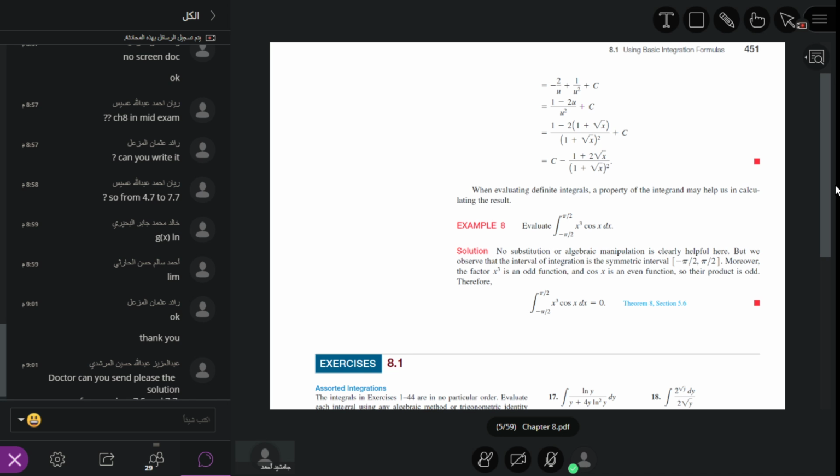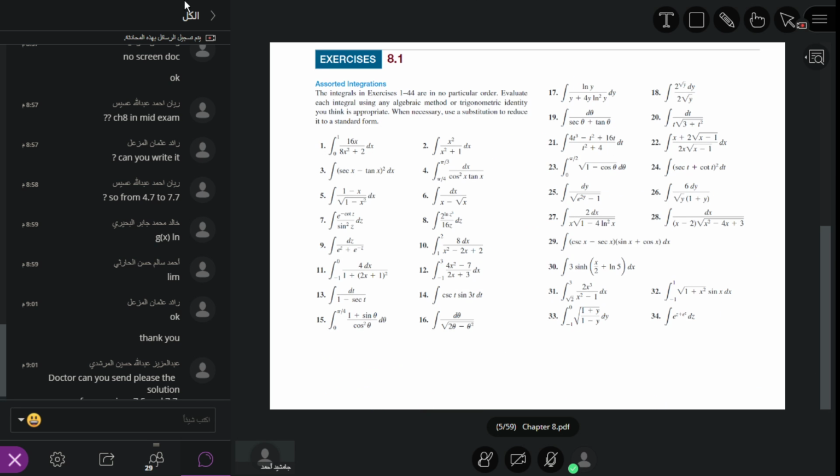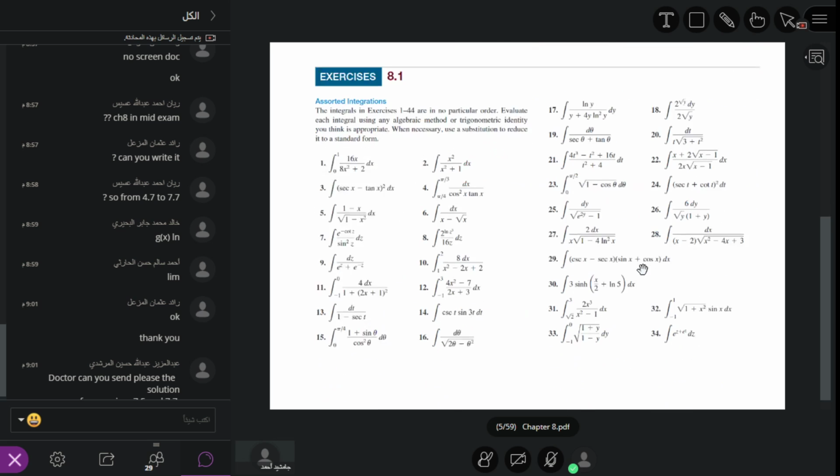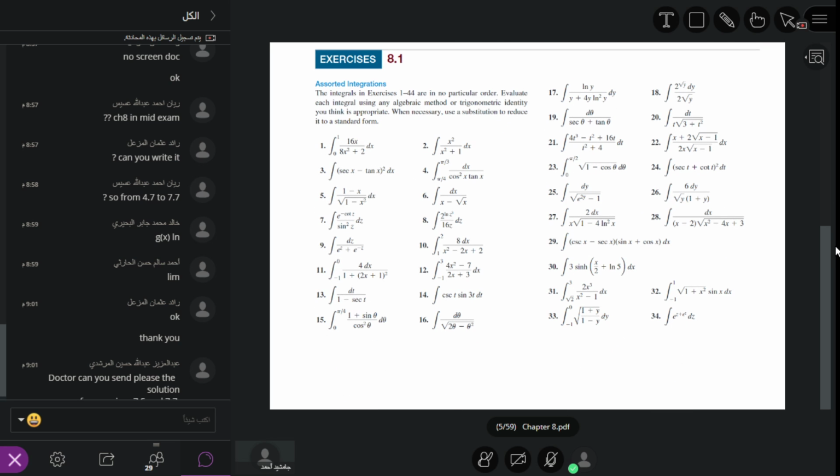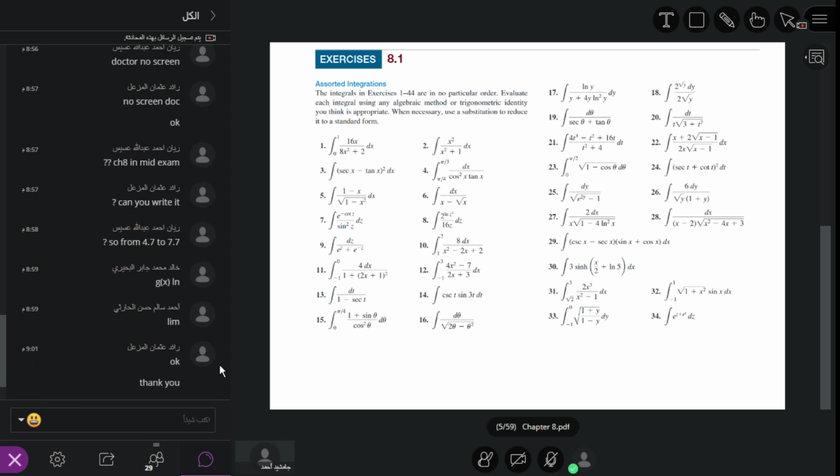After that we use those formulas in solving questions. So now we solve example 8 and the exercise questions which are included in the syllabus.